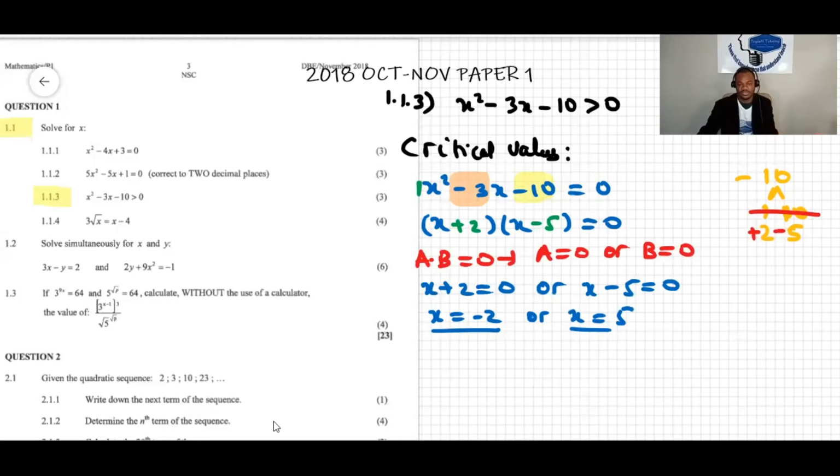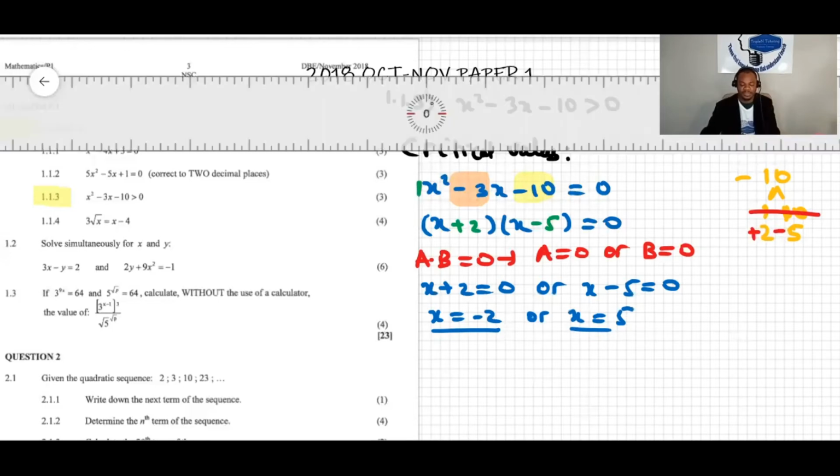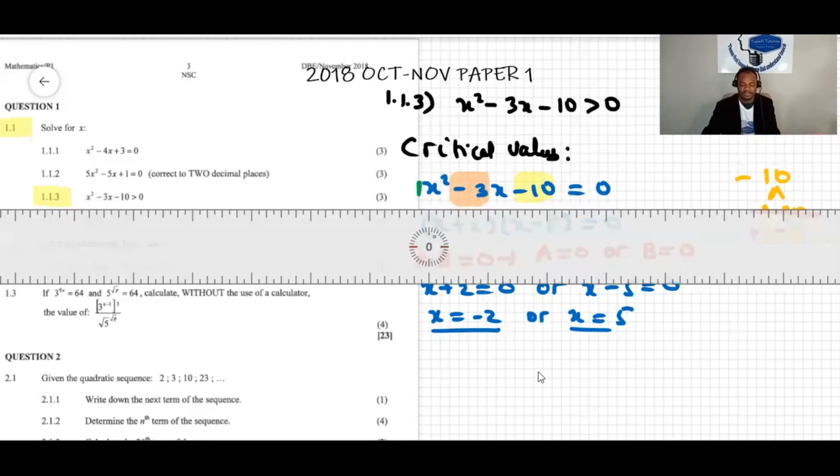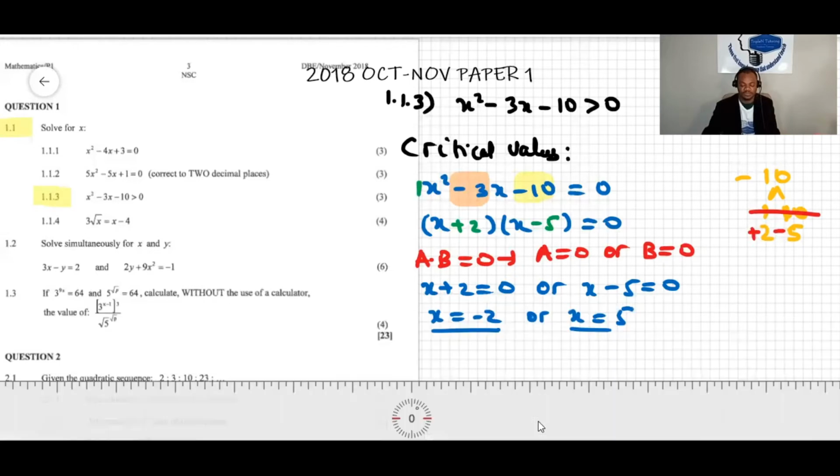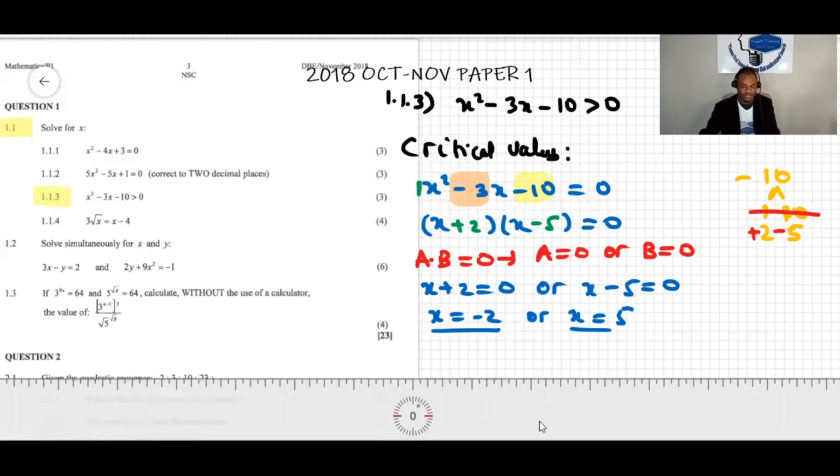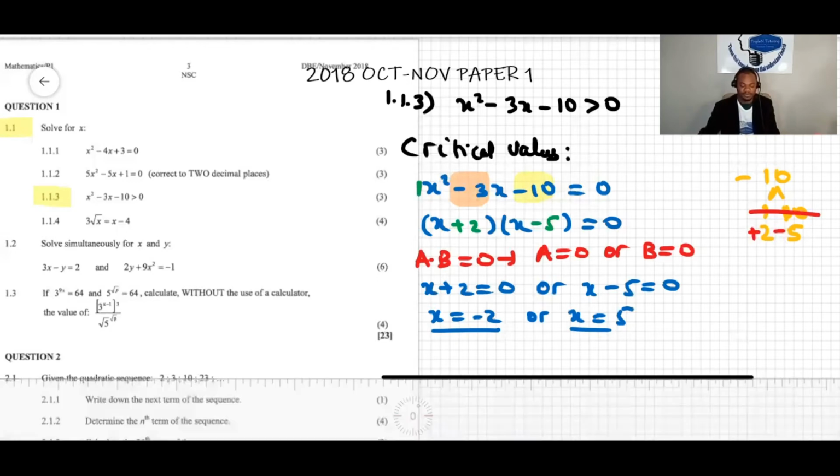Now, we're going to draw a number line, so we can show the interval. I'm going to do my number line over here. In the number line, I will place the critical values in ascending order.